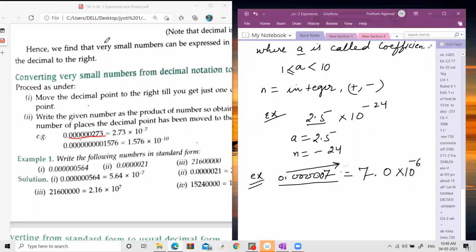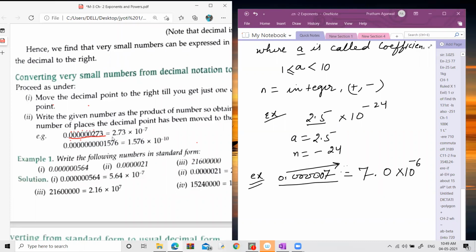Now, to write this number in standard form, we have to shift the decimal from this place to after the 2. Okay? So how many places are you moving the decimal from left to right? Just count them. 1, 2, 3, 4, 5, 6, and 7. Total 7. You are moving the decimal from left to right 7 steps.